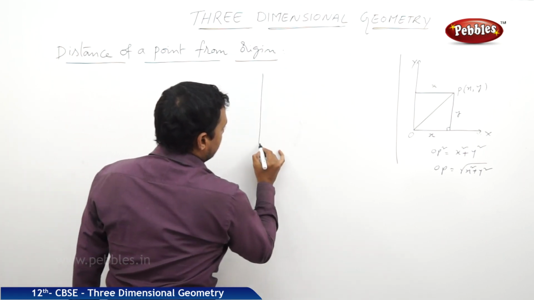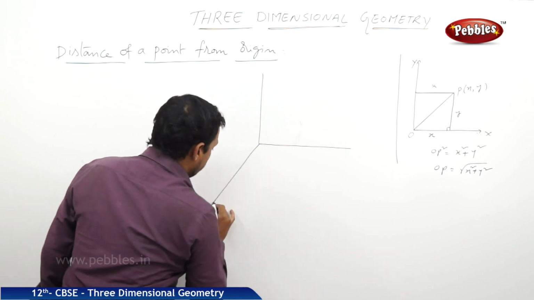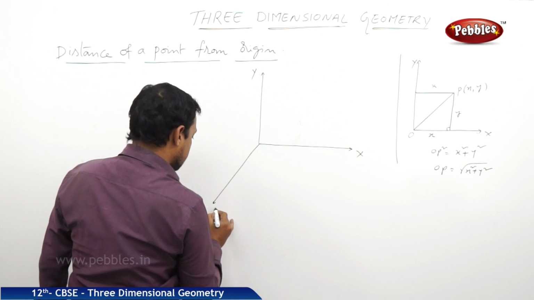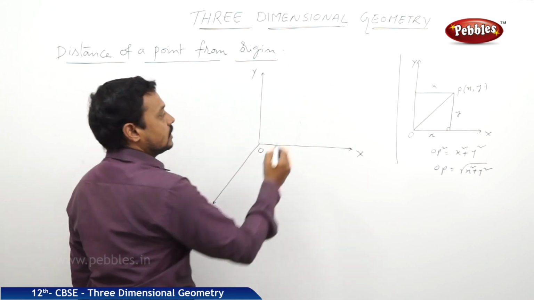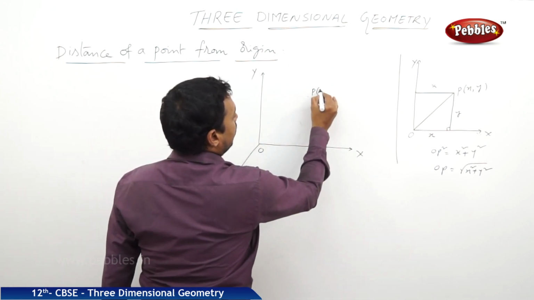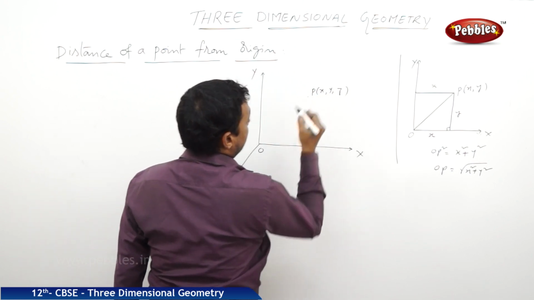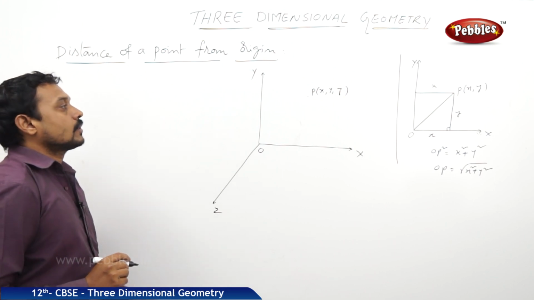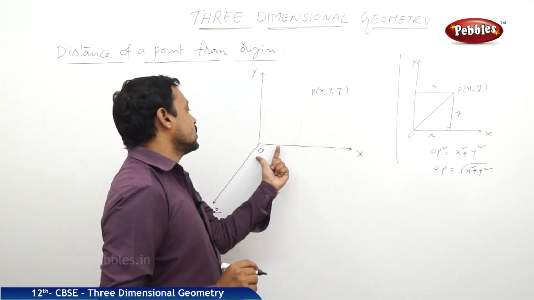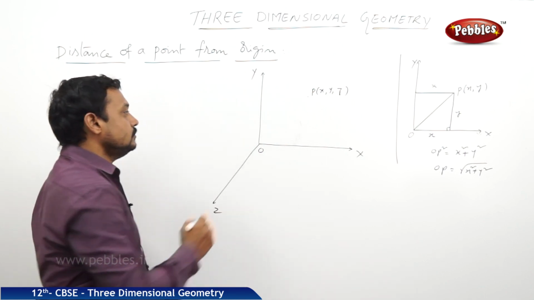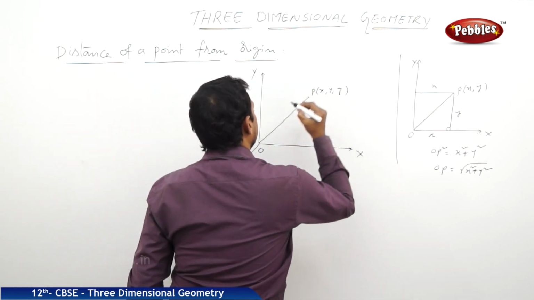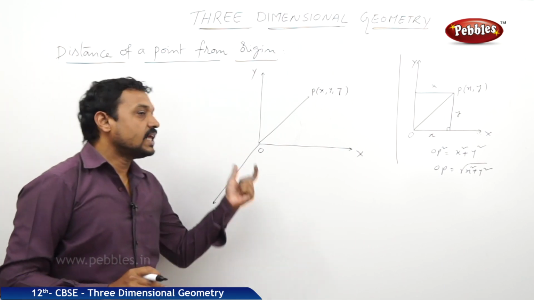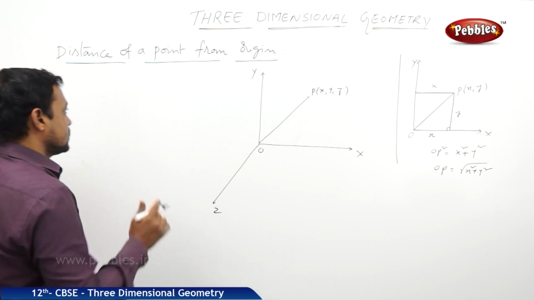Consider a three-dimensional space, x-axis, y-axis, z-axis and origin. Suppose P is a point whose coordinates are x, y, z. Now, how to get the distance from the origin to that point, OP? For this, we first consider a cuboid.